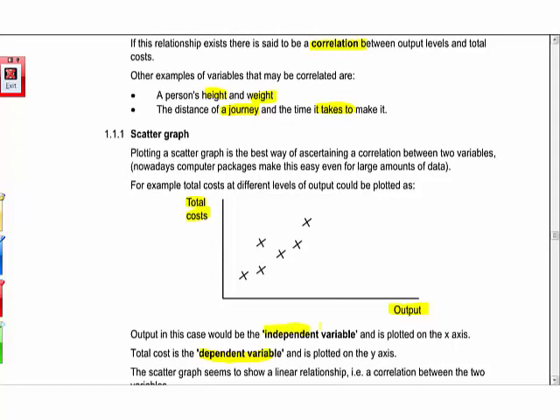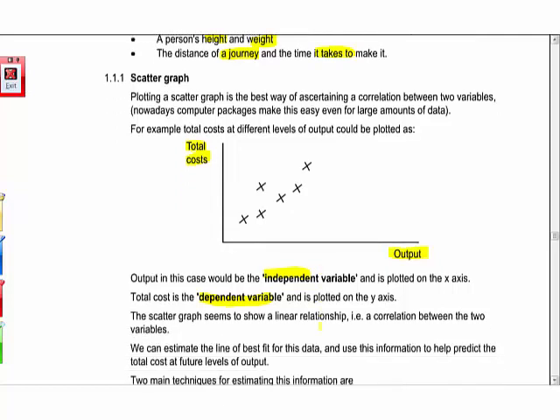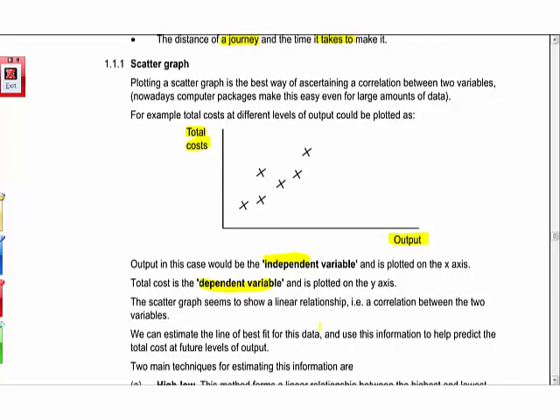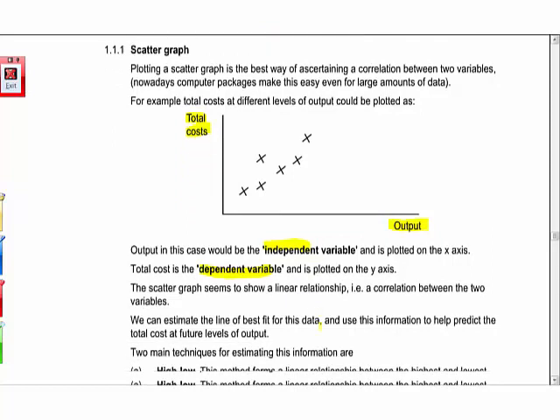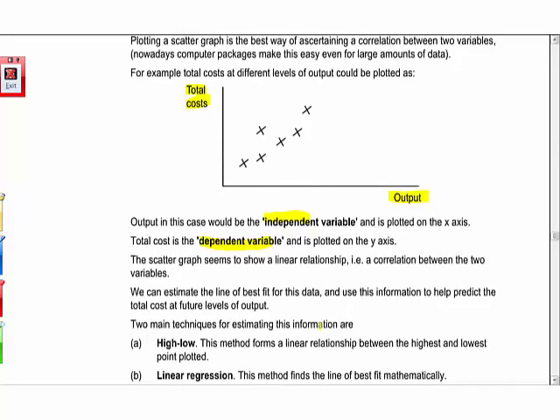So the one that's going up will be on the x-axis, the independent variable, and then the outcome that's observed, the dependent variable, will go on the y-axis. So we've got some correlation, and we can use our scatter graph to try and work out how much correlation there is and what a good estimate for the line would be, i.e. how much of the cost is fixed and how much of it is variable.